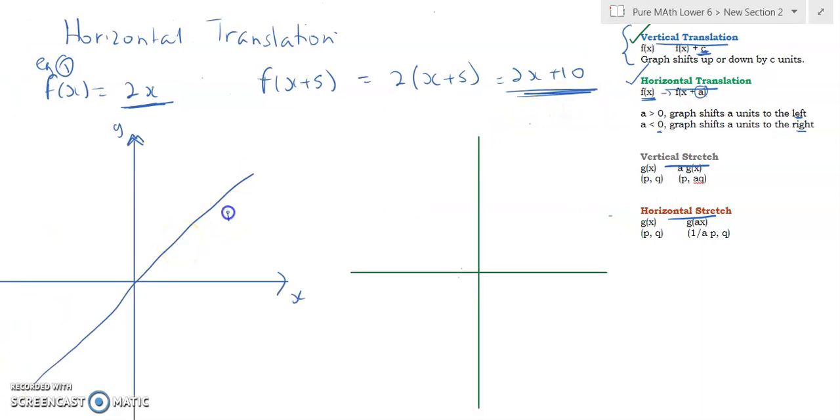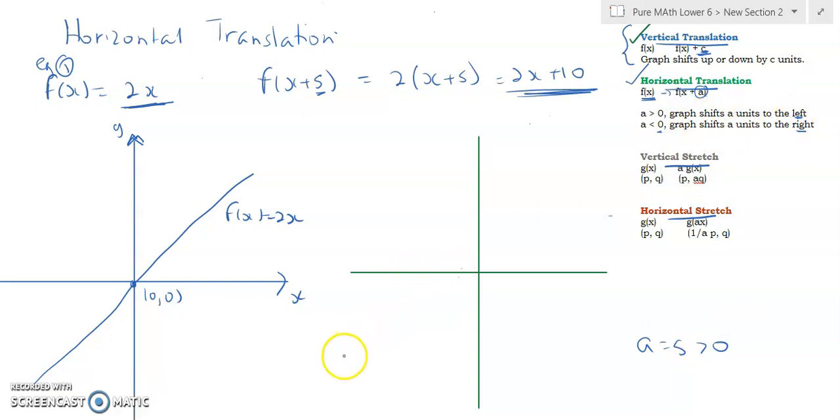Say this is my curve f of x is equal to 2x, right? So just a rough sketch, right? Here would be the point 0, 0. Now, if I change it now to f of x plus 5, so my a is now 5. So a is 5 means that's greater than 0, so the graph will shift to the left by 5 units.